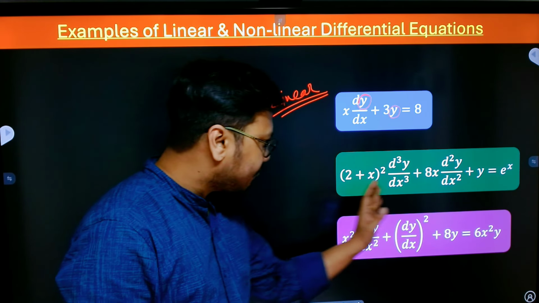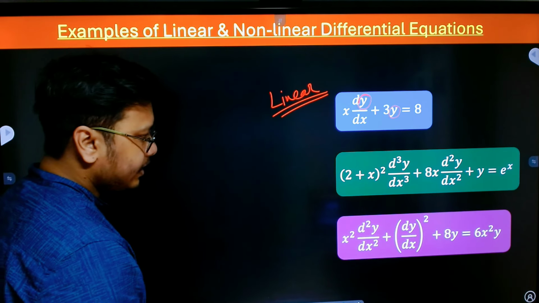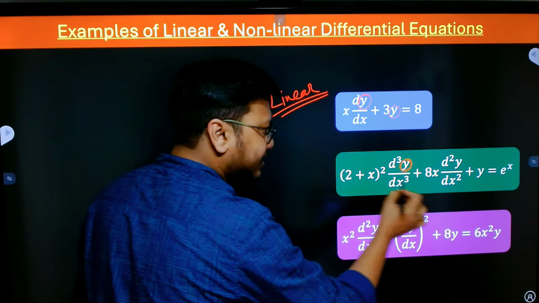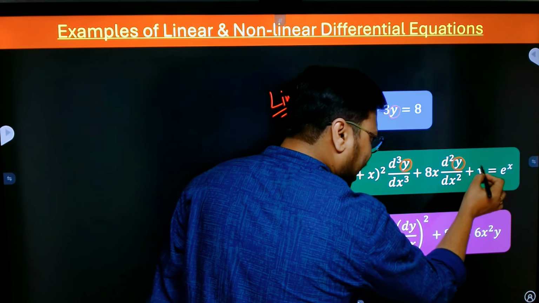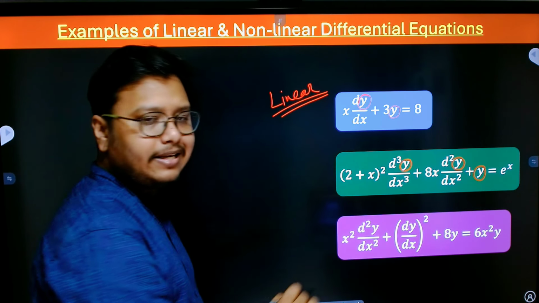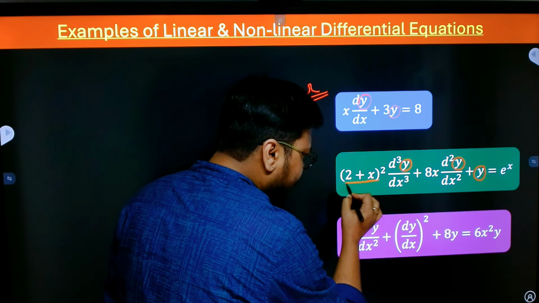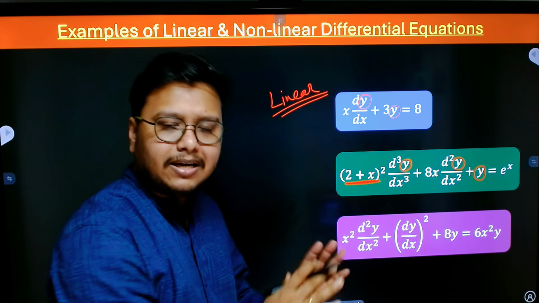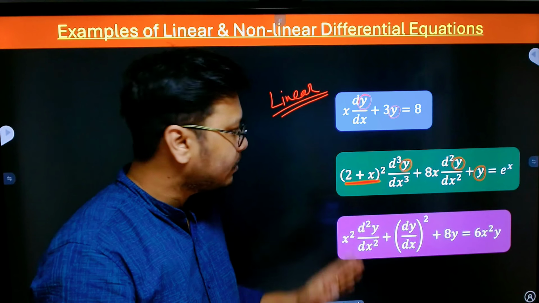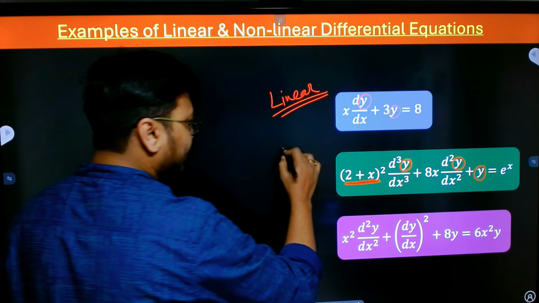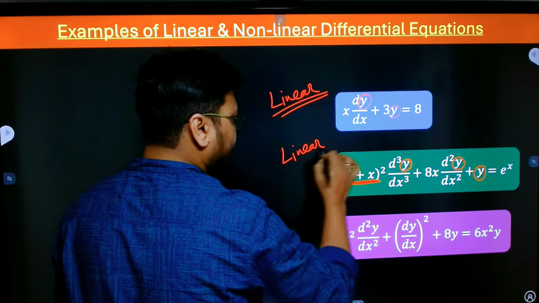In the second example, again the dependent variable y is only present in the derivative and there is no non-linearity involving it. I can see a function of x in non-linear format multiplied with the derivatives, that's not a problem. The dependent variables are in a linear format, so this is again a linear differential equation.